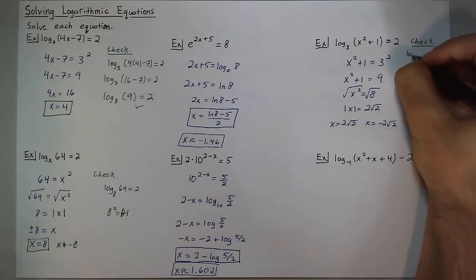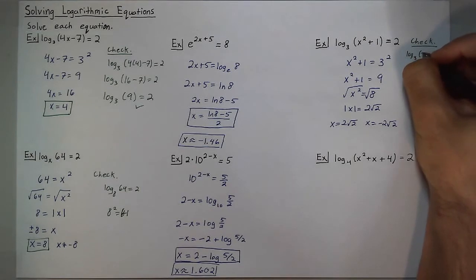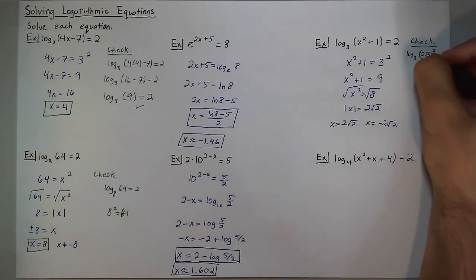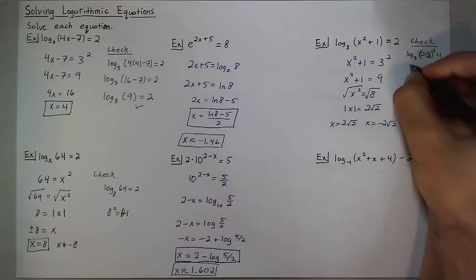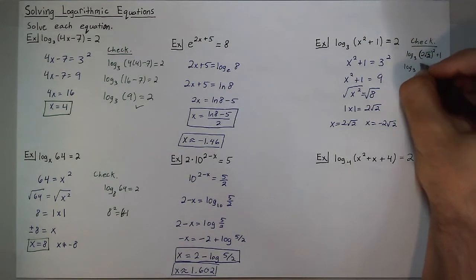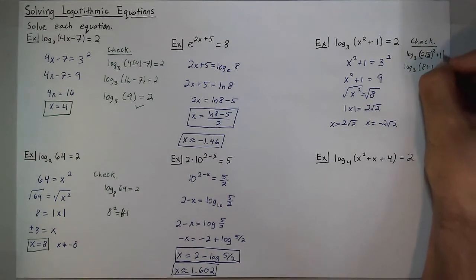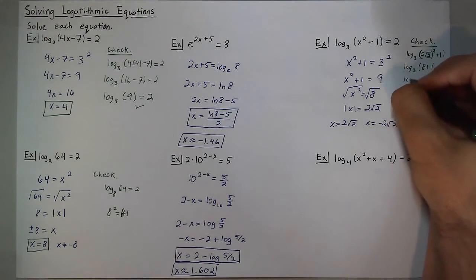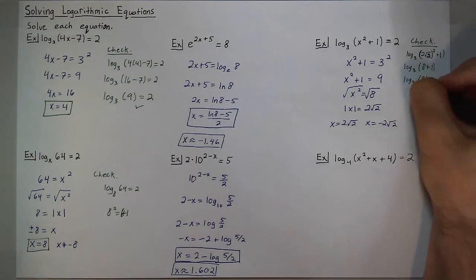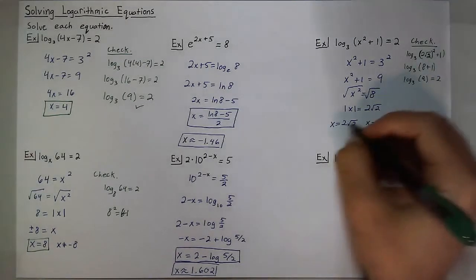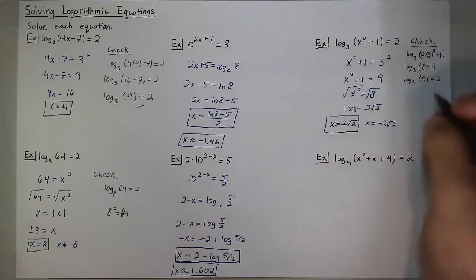So log base 3 of 2 square roots of 2 squared plus 1 gives me log base 3 of 8 plus 1. This gives me log base 3 of 9. That certainly is equal to 2. So positive 2 square roots of 2 works.